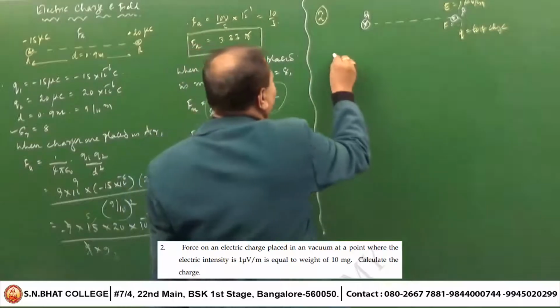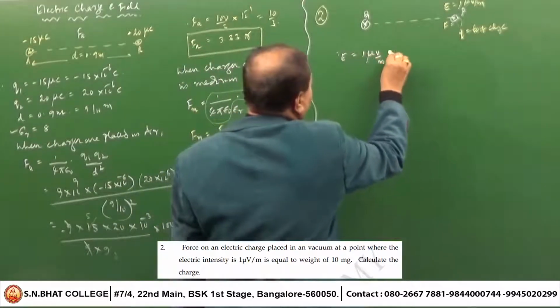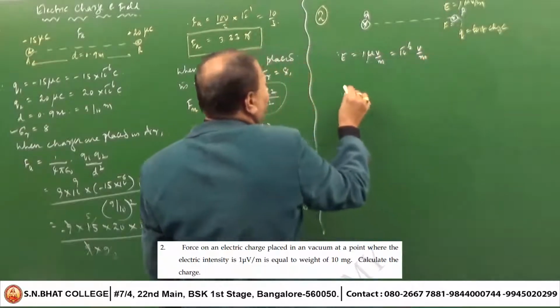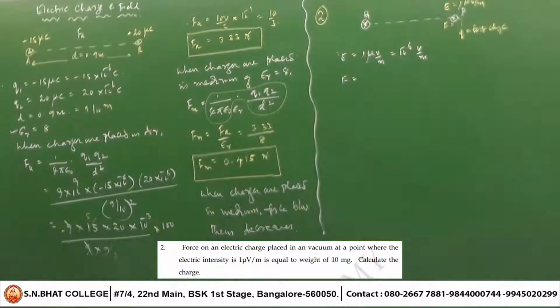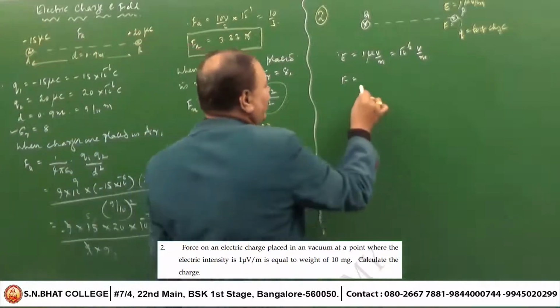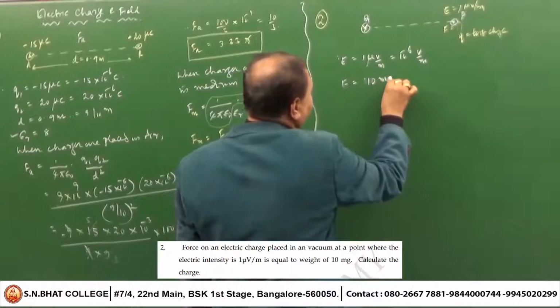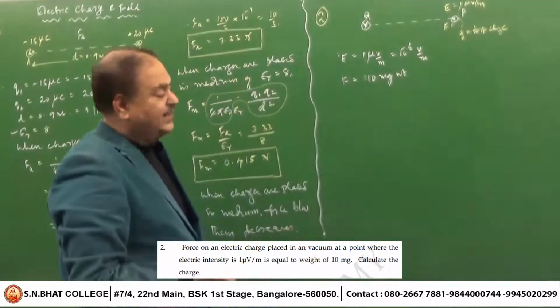So what has he given? He has given the electric field at that point is 1 microvolt per meter, 10 to the power minus 6 volt per meter. And force is equal to the weight of 10 milligram. So what is that?